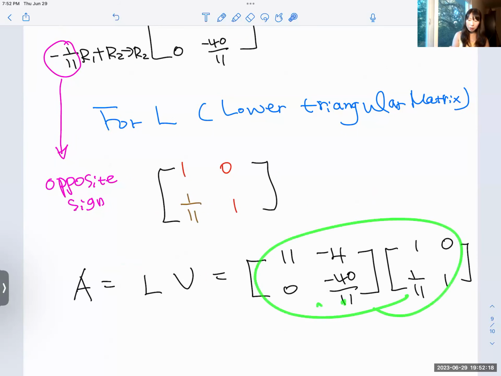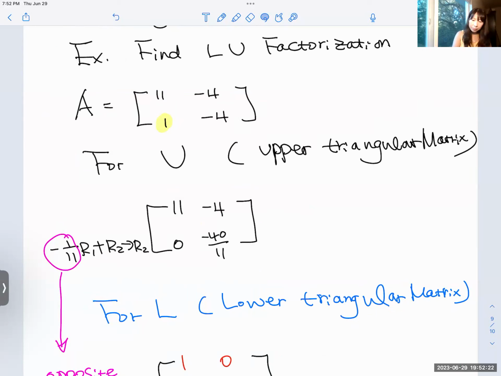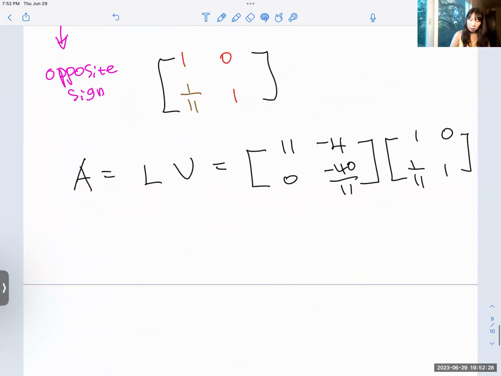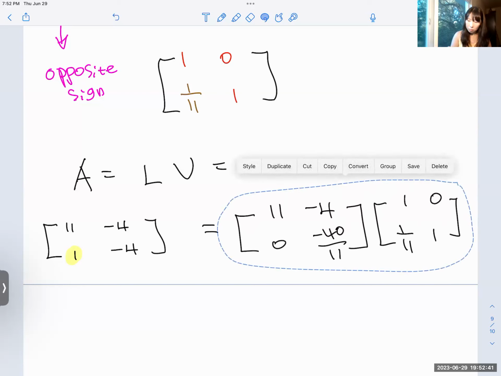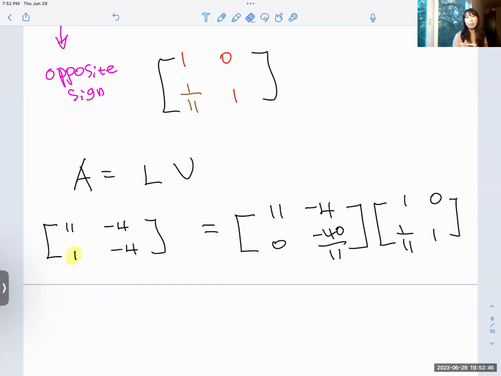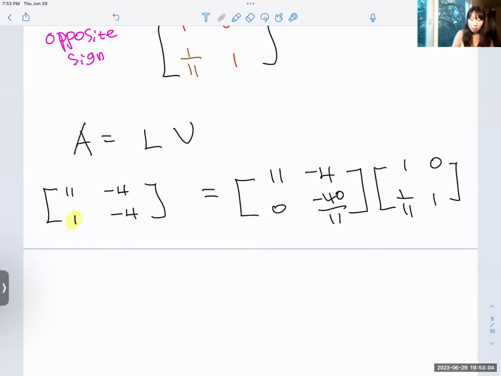Please check whether we get this A. Is it correct? Okay, let's move on.